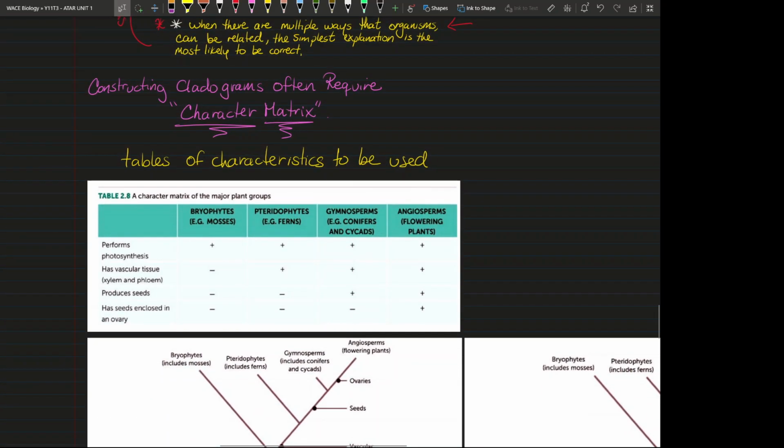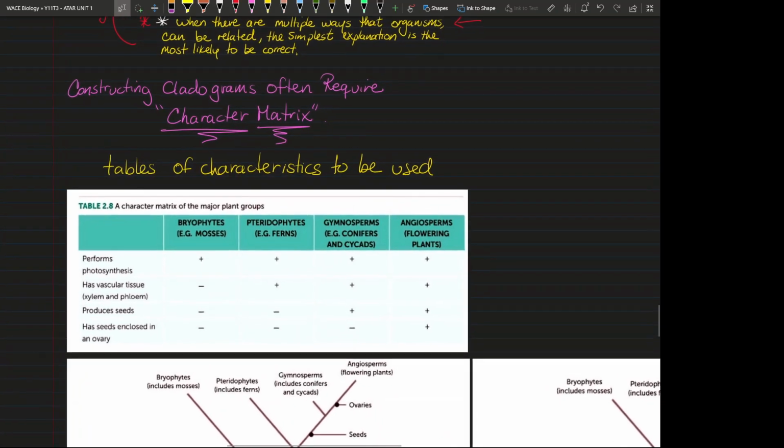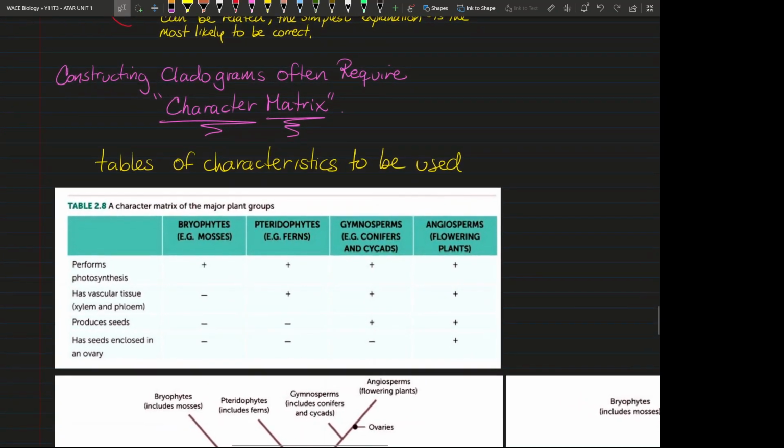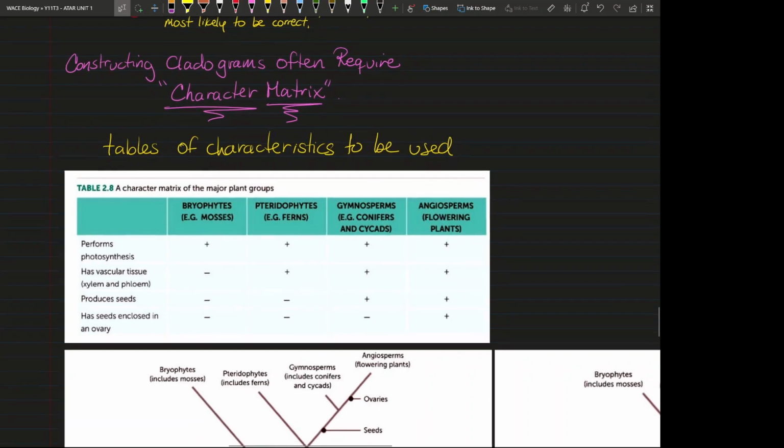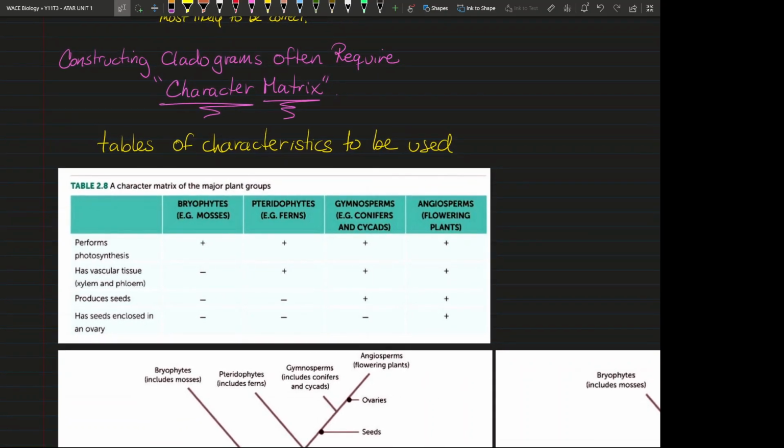And they look something like this, right? They're basically tables of characteristics that are used to tell you how organisms are related, right? And how features are shown as absent or present depending on the organism that you're talking about.